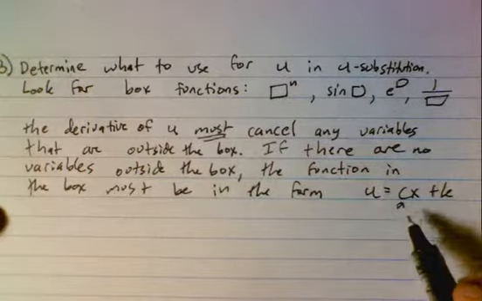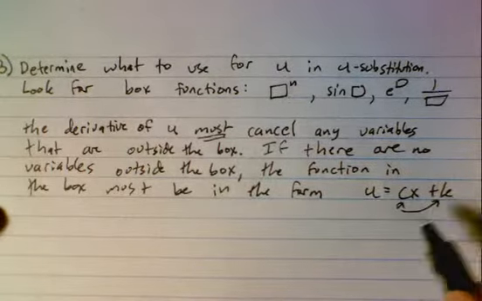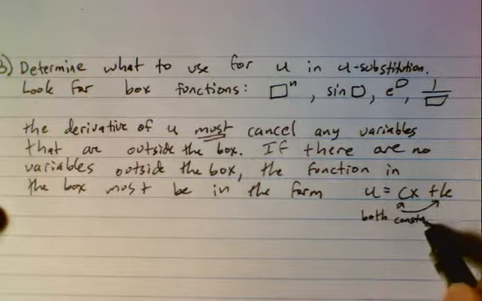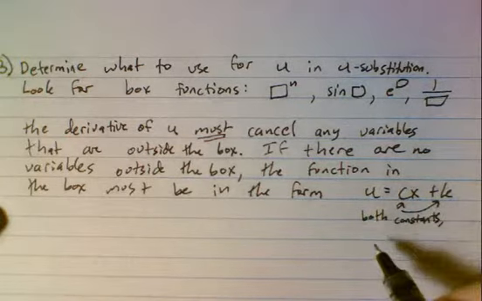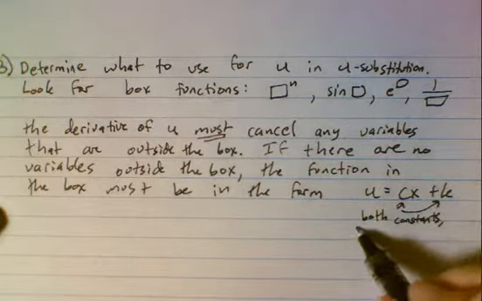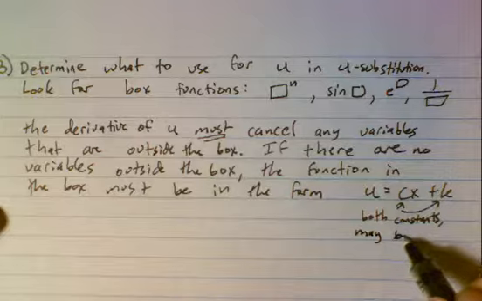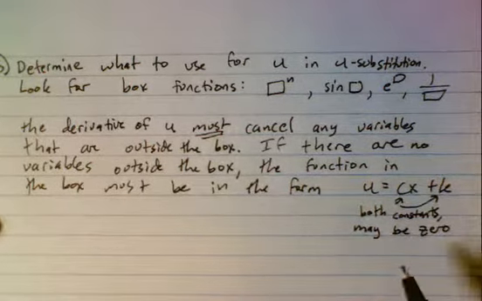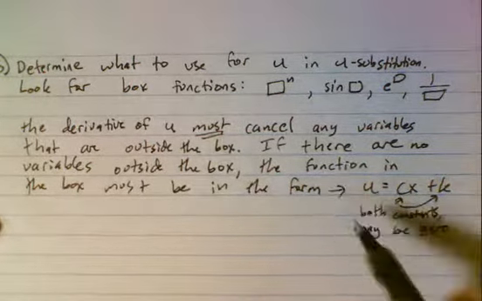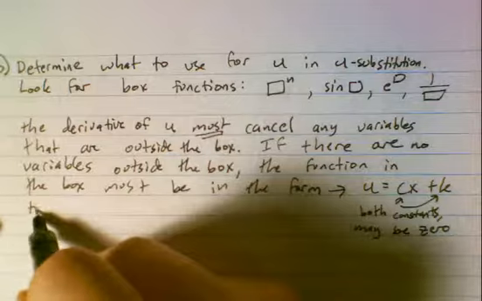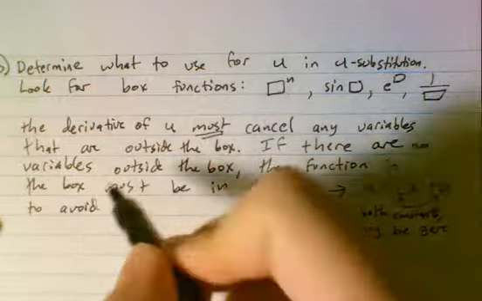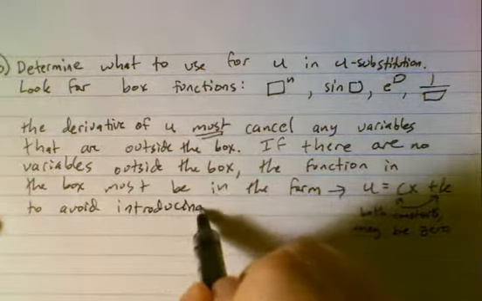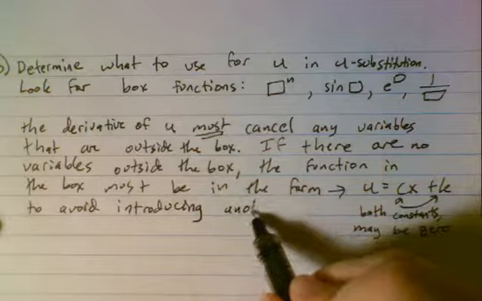U equals Cx plus K, where C and K are both constants, and they may be 0. And the reason it has to be in this form is to avoid introducing another variable.